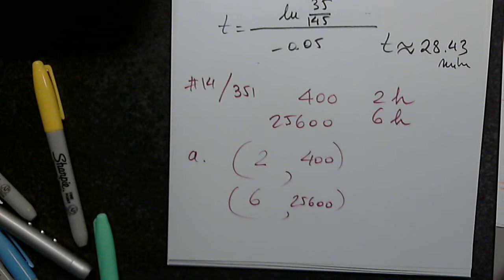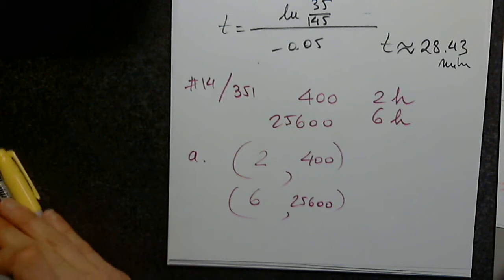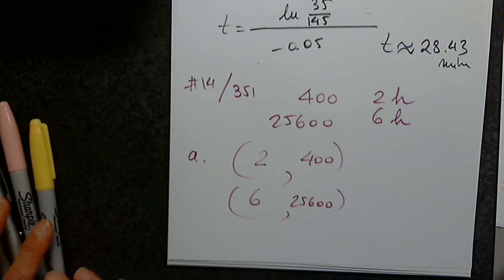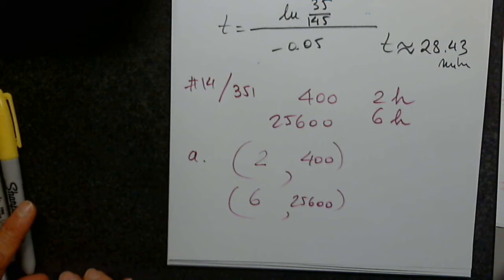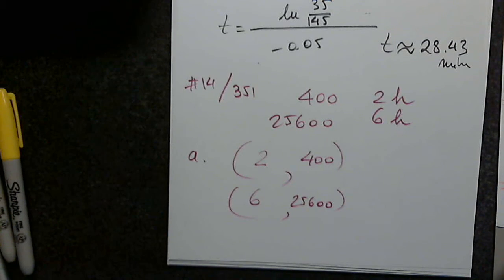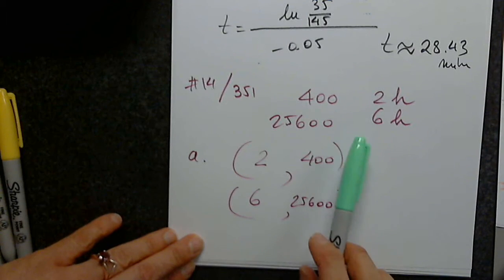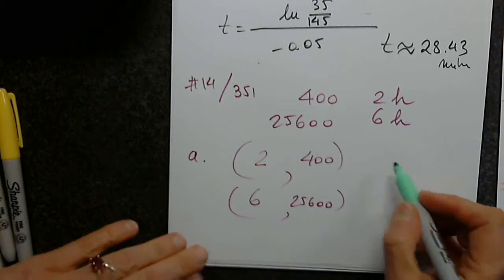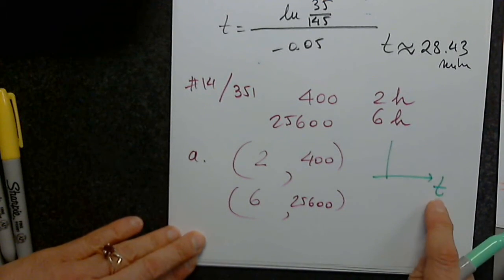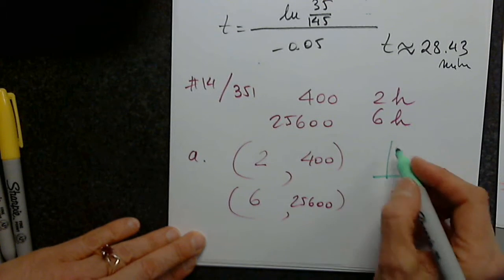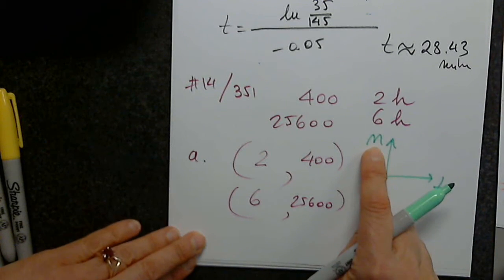When I plug in the model 6, the output is? 25,600. That's crucial to understand. Yes, I can determine this without saying that they are two ordered pairs, and all of you said pretty much the same thing. But I want you to be able to identify that these are two ordered pairs. What is very important is that this is always the time, and this is always the number.